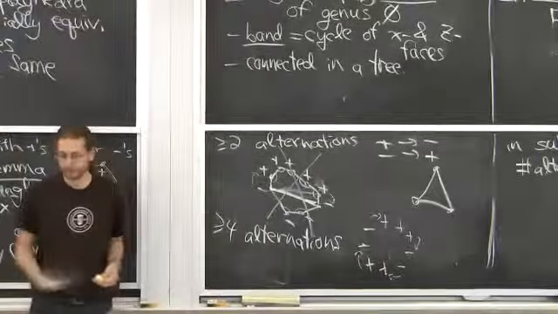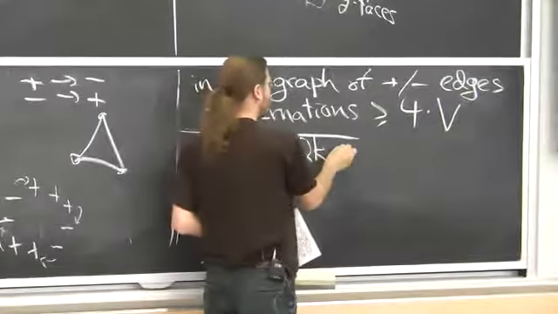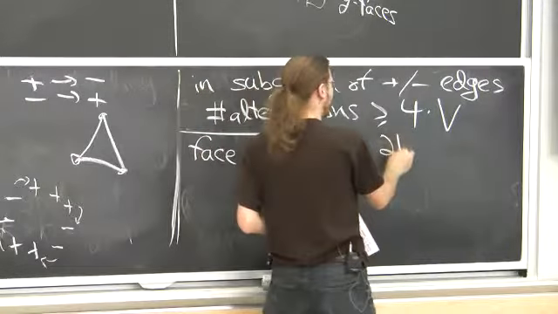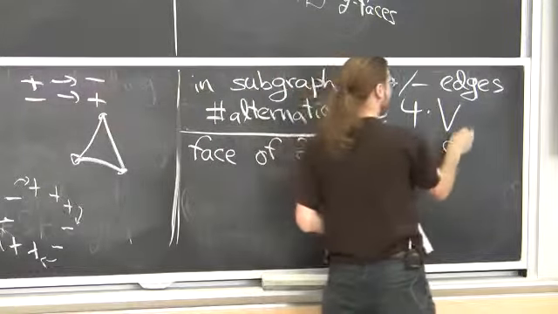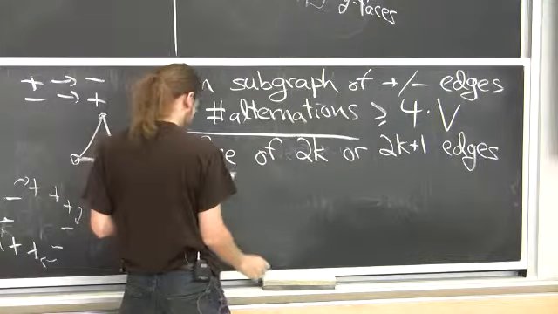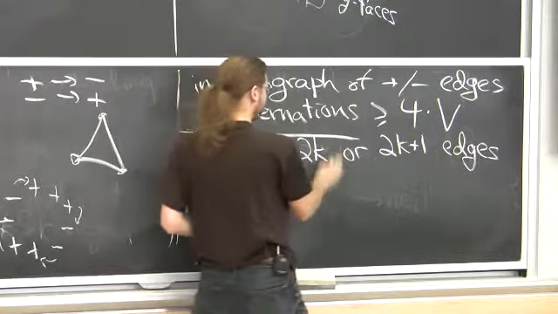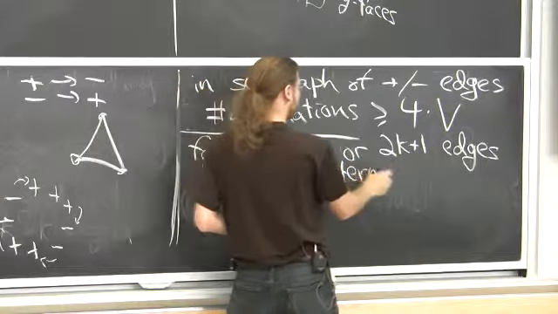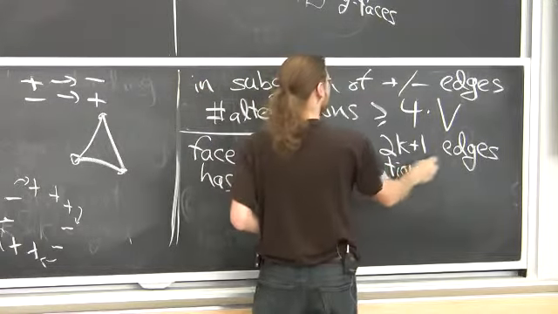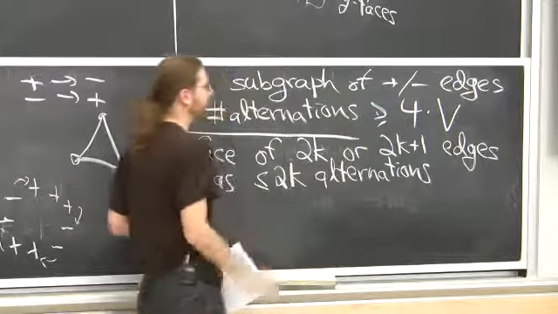All right, if I have a face of 2k or 2k plus 1 edges, then it will have, what is it, at most 2k alternations. So I already have a lower bound on the number of alternations.